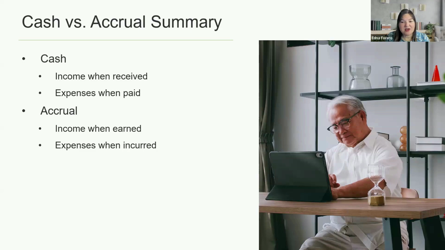And neither way is right or wrong. We just want to look at whatever is best for our client and continue with that. So most people understand that when I receive the income, it's reported. When I pay it, I deduct it. Very simple. For others, the accrual method is the most appropriate method.